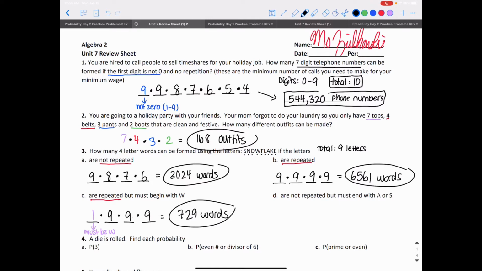For D, the letters are not repeated and must end with an A or S. So I have a 4-letter word, and the last letter must be A or S. So that's 2 options. I'm starting with my restriction, the most specific restriction that I have, and then I'm moving from there. So I have 2 options for that.